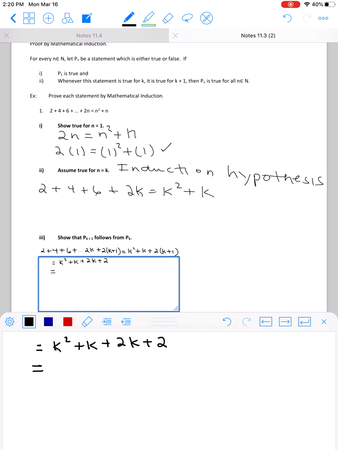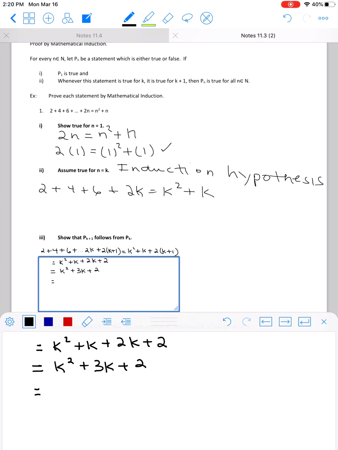And then what we're going to do next is combine our like terms. Sometimes this strategy is effective, sometimes it's not. And then we're going to rewrite it a little bit. Now, if I were looking at it, I have a thought of what this needs to look like. And I'll show you that in just a second.